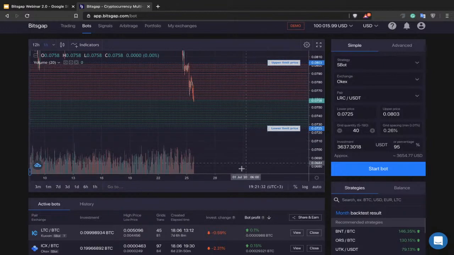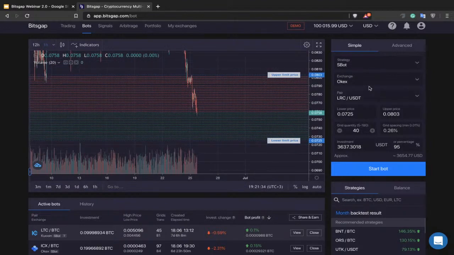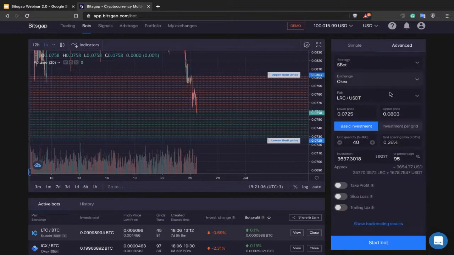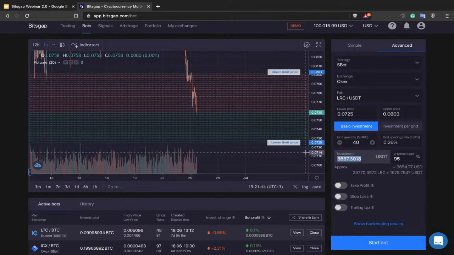To see the required allocation amount, go to the advanced section. So here we go. Our total investment right now, which is also, by the way, automated, and I can change it. Let's say I want to only invest 2,000 here. That's not a problem. Or I can use the percentage box. Let's say only 30%.